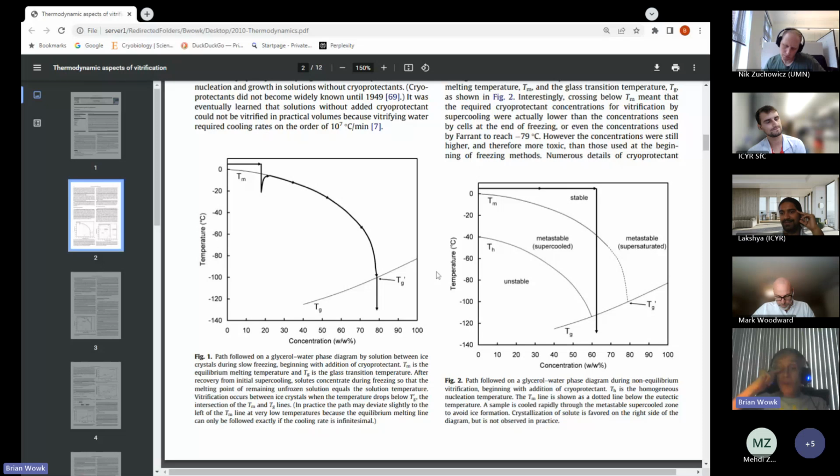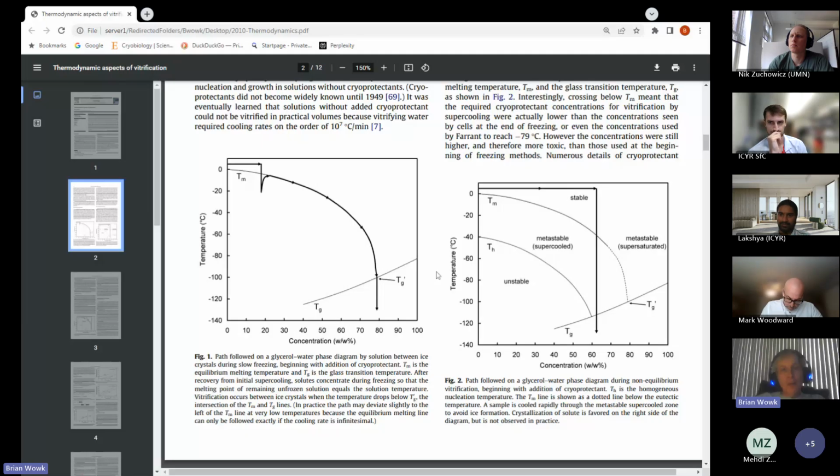Yeah, so what we find is that solutes that have very strong polar interactions with water, like DMSO, or especially propylene glycol, and most especially meso-depleted 2,3-butanediol, are what we call strong glass formers, meaning they have a very low concentration needed to vitrify.